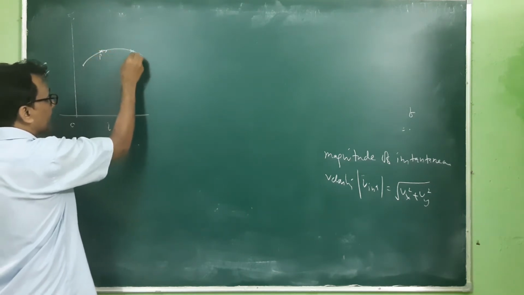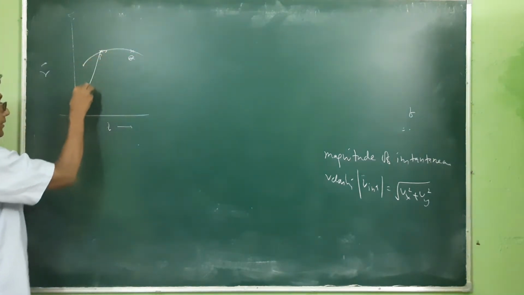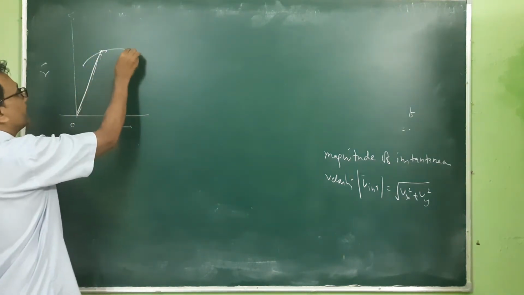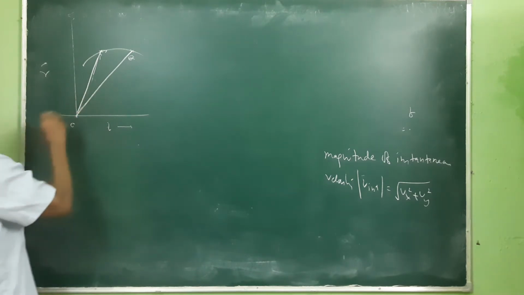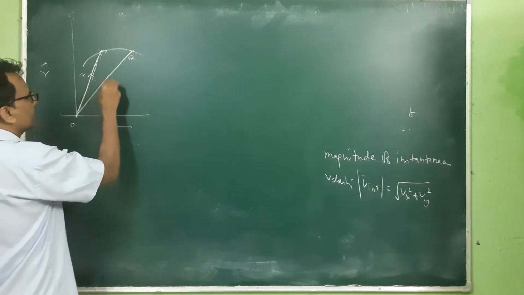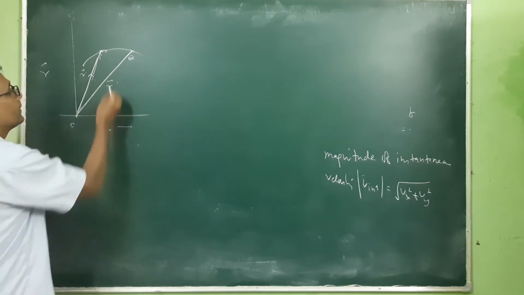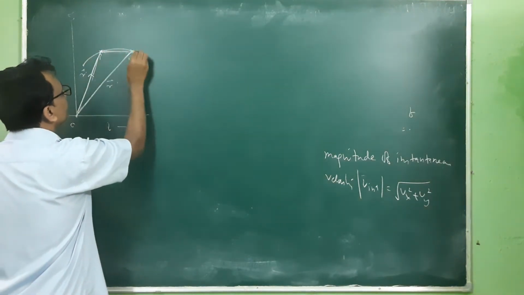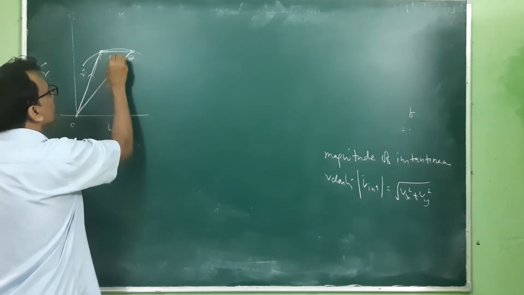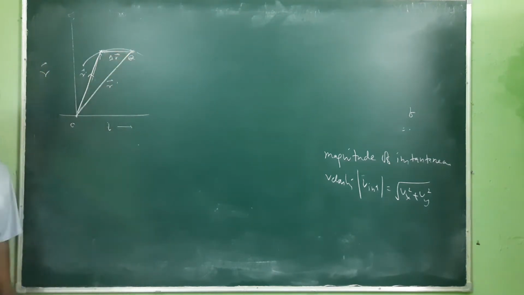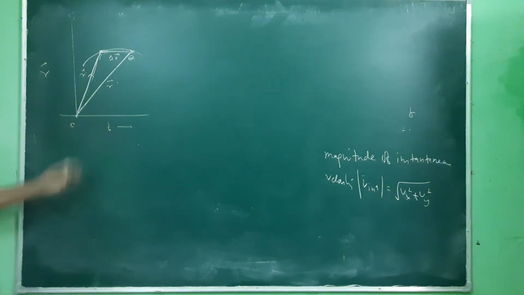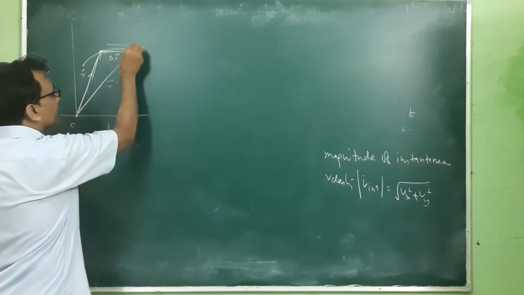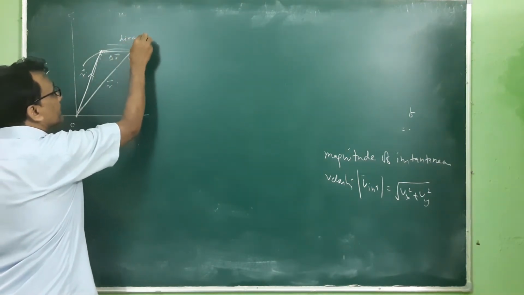This is point P and this is point Q. So this is the position vector r and this is the position vector r prime, and this is the line joining P and Q. So this is delta r. Here we have defined the average velocity, and the direction is along this. This is the direction of this average velocity.